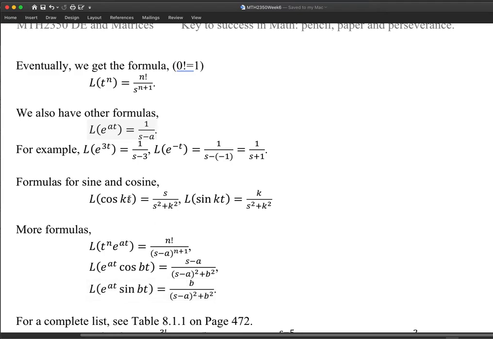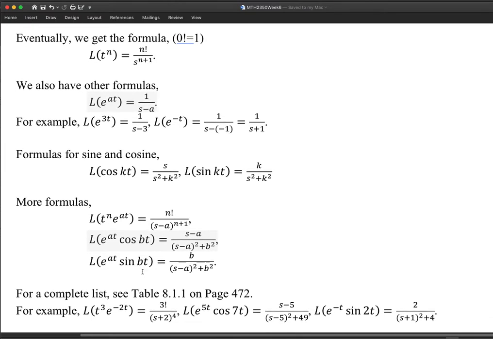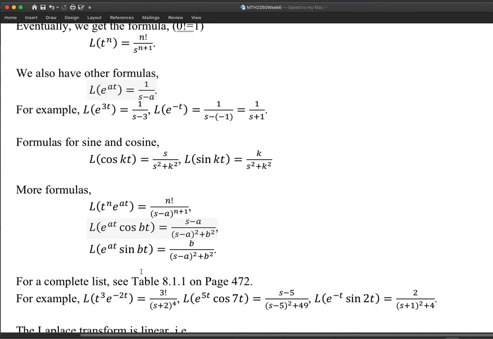I'm just going to keep the notation as they are. This part is a k and this part is a b, and it's really the same thing. You could interchange k and b or keep the notation the same way. There is a summary as a table in the textbook on page 472.